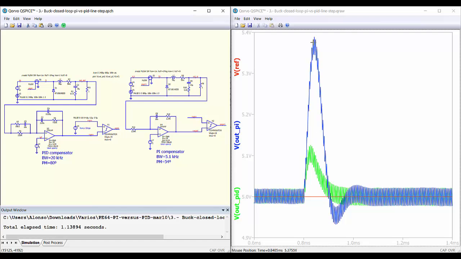So we can see that we have a very high overshoot compared with the response in green of the PID compensator, and we reach a steady state again quicker when we use the PID compensator. At this point we are getting almost 5 volts at the output with the PID compensator, while we need more time to get steady state with the PI compensator.